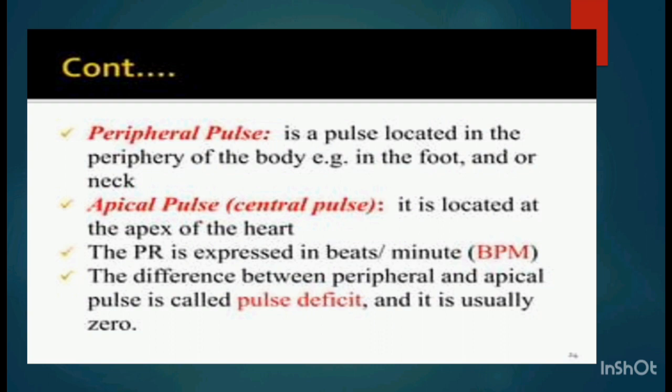A peripheral pulse is a pulse located in the periphery of the body, for example in the foot and the neck. The apical pulse, a central pulse, is located at the apex of the heart. The pulse rate is expressed in beats per minute, and the difference between the peripheral and apical pulse is called pulse deficit. It is usually zero.